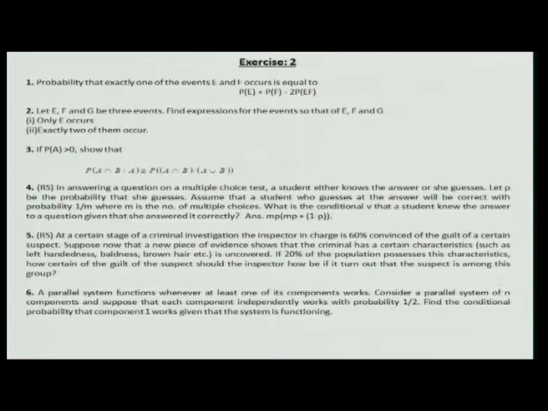Now, suppose that a new piece of evidence shows that the criminal has a certain characteristic such as left-handedness, baldness, brown hair, etc. Through some facts it is found out that whoever committed the crime has one of the characteristics, right.